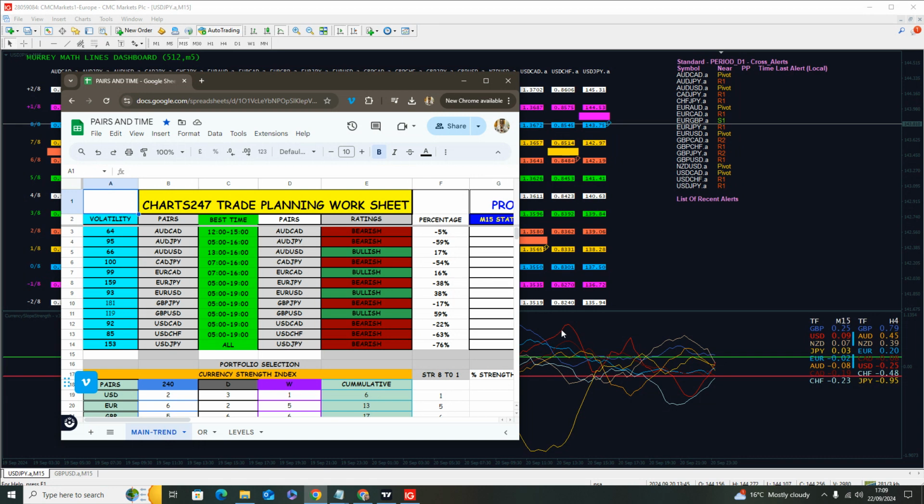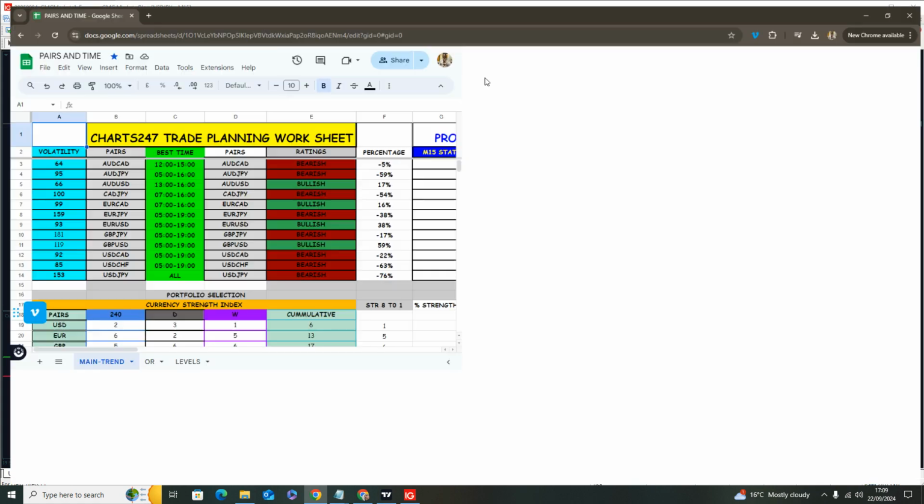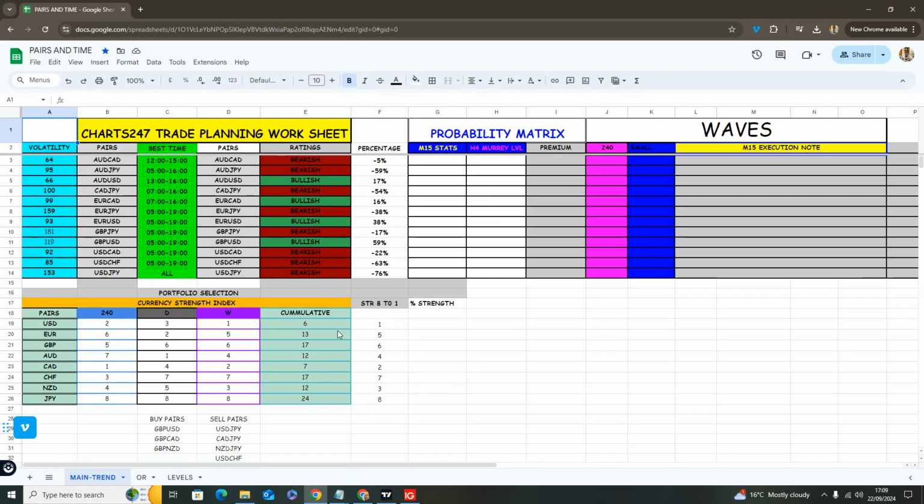We analyze the CSI of the currency across multiple time frames, such as the 4 hours, the daily and weekly. We combine these to give us a cumulative number, which I'm going to show you how we go through on a weekly basis.